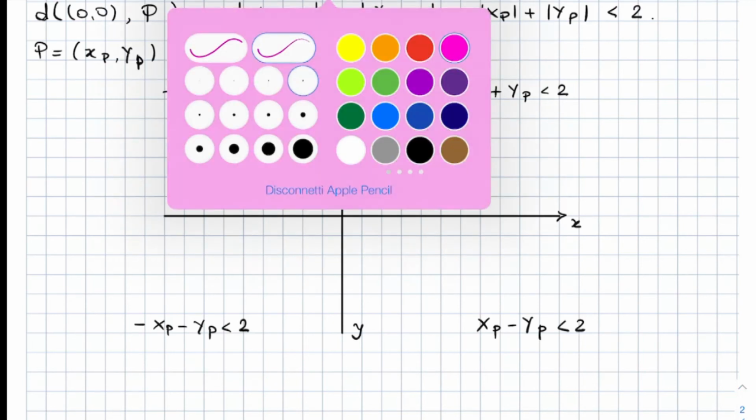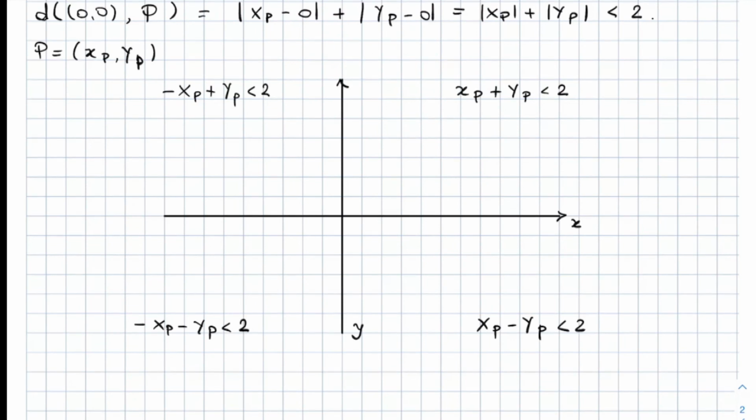The line with equation xp plus yp equals 2 is the one that goes through the point 2, 0 and the point 0, 2 and connects them. So it's this line here. In the same way, the line minus xp plus yp equals 2 goes via 0, 2 and minus 2, 0.